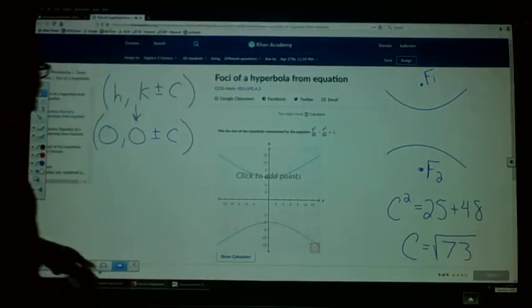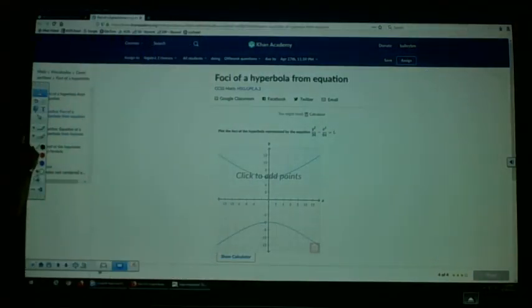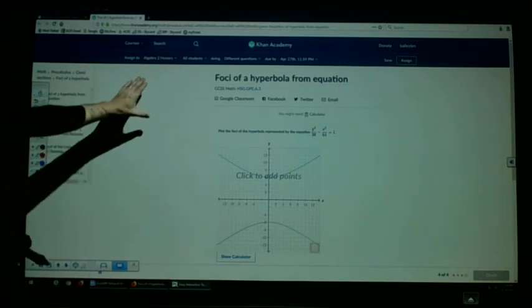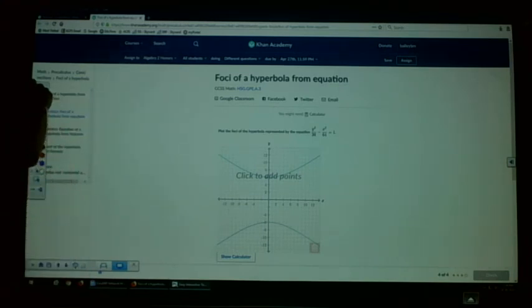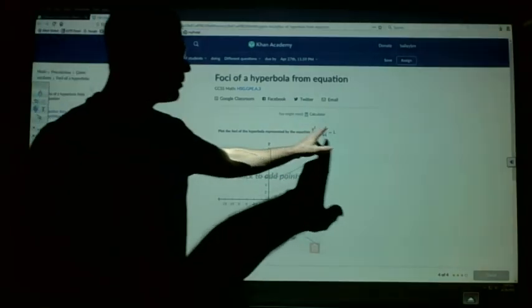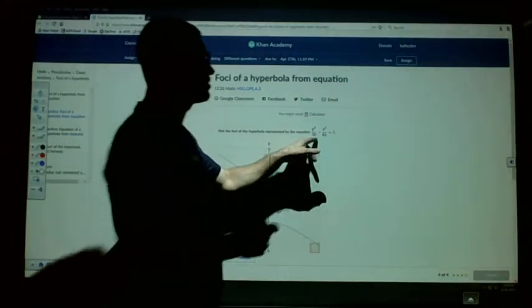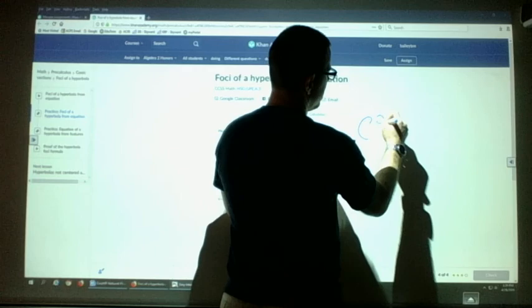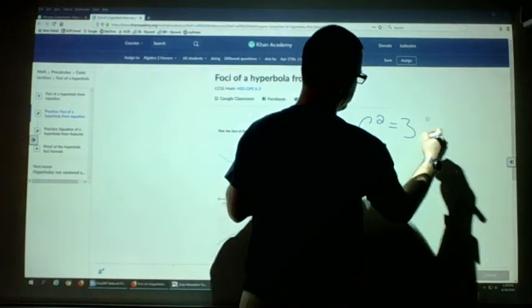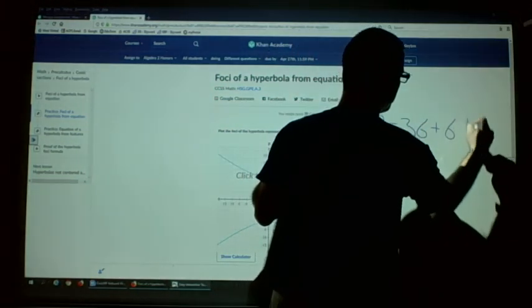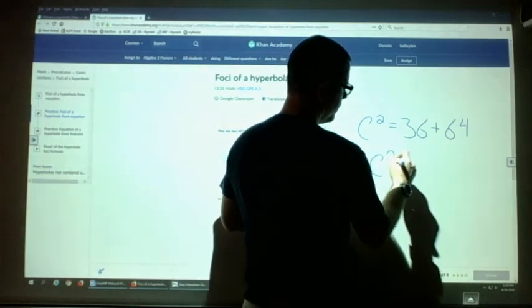Okay. And this one again just wants me to plot the focal points. So again, I need to figure out my radius. The center, 0, 0, again. We have 36 and 64, so c squared is equal to 36 plus 64. That's 100.